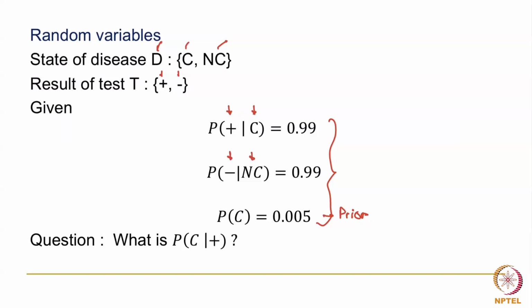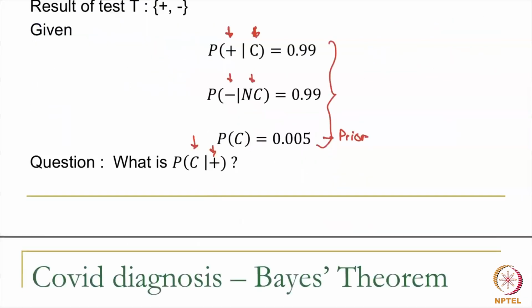So the question is not what is the probability that you will be positive given that you have COVID, but probability that I tested positive, what is the chance I have COVID? Now notice P of plus given C is not the same as P of C given positive. Okay. As I told you earlier, this is an important distinction.